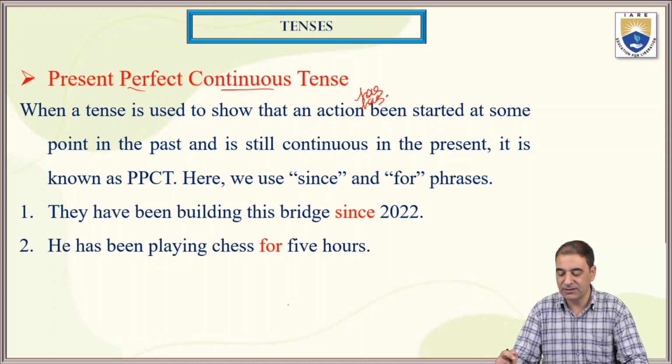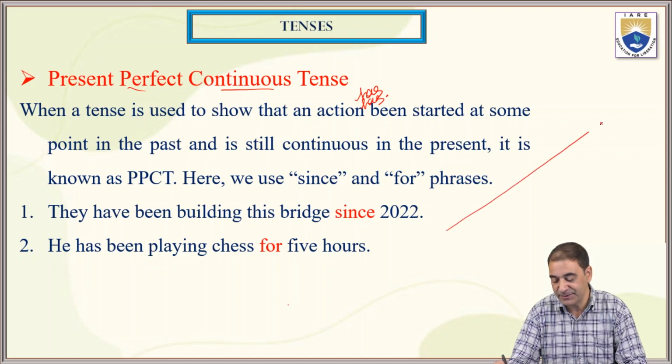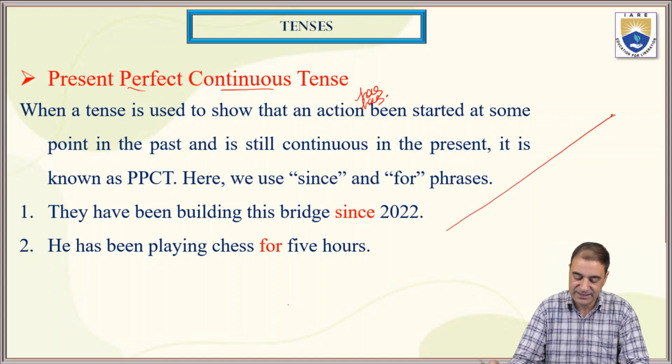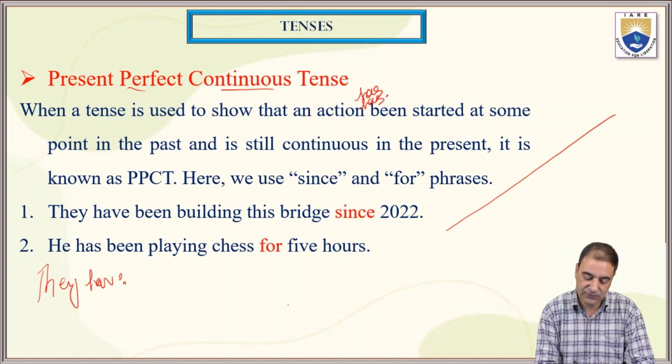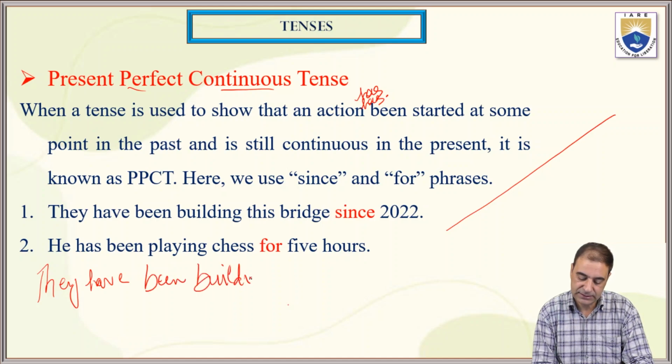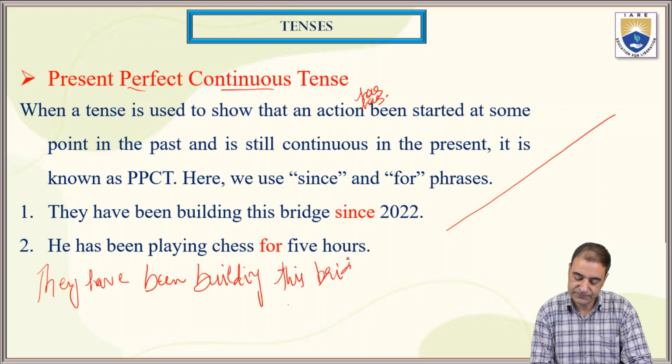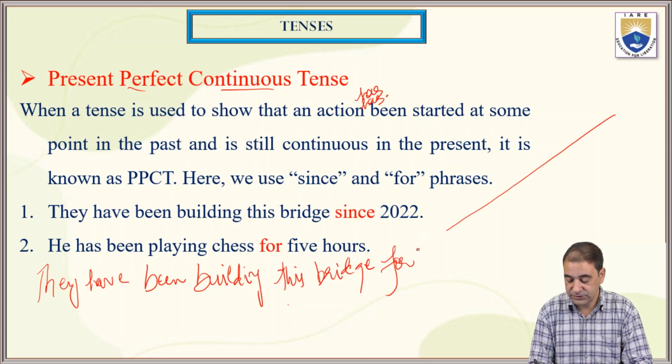As I told you, perfect means the completion. For example, if I write like this, they have been building this bridge for 12 years.